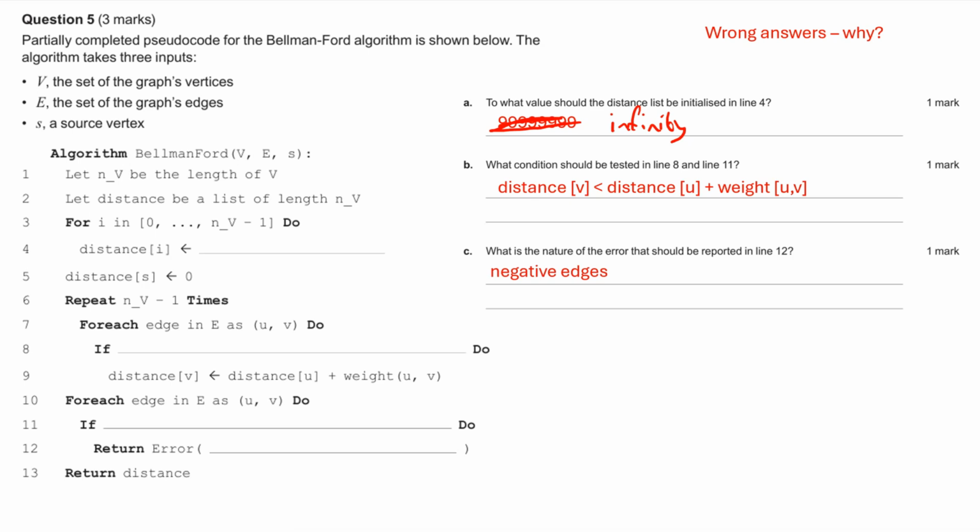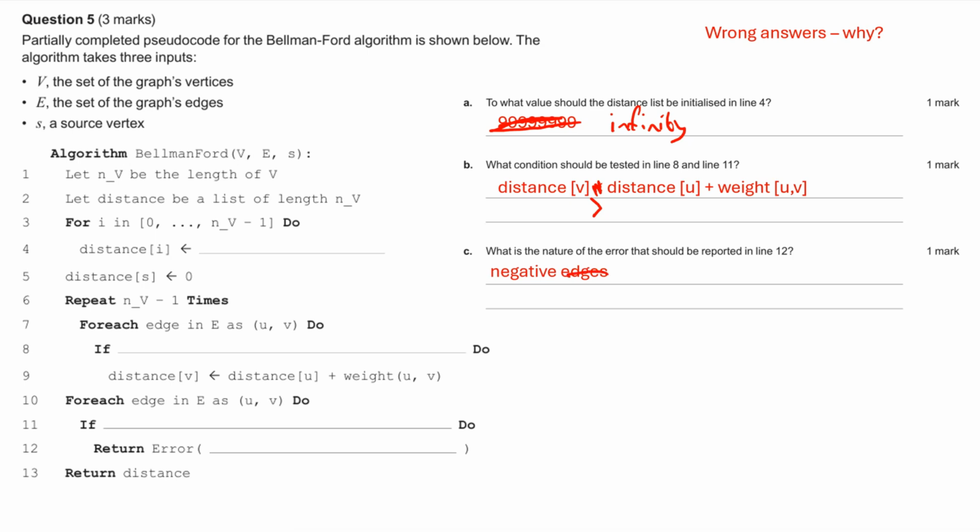We'll say infinity. This one here, this should be greater than. We're saying if it's easier to get to v by going first to u and then from u to v, then we will set the new distance of v to that distance of u to v. And C is almost right.